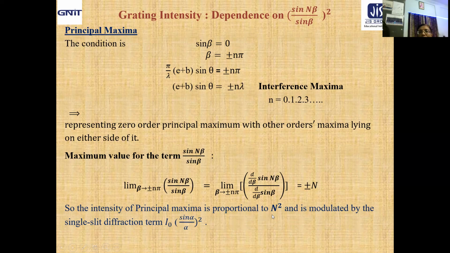Now look here, for single slit n equal to 1, so you didn't get anything with this factor. In case of double slit, it is 2 square, that is 4. So the factor 4 you already got in case of double slit, which is modulated by this single slit diffraction term. So I think things are becoming very clear to all of you, isn't that so?